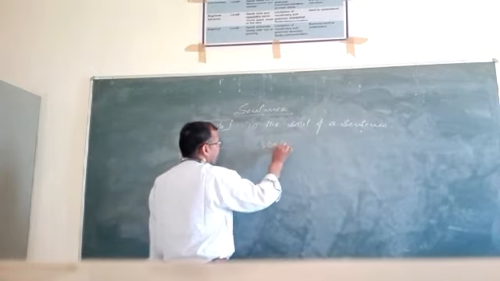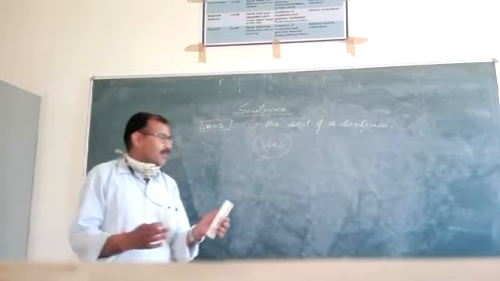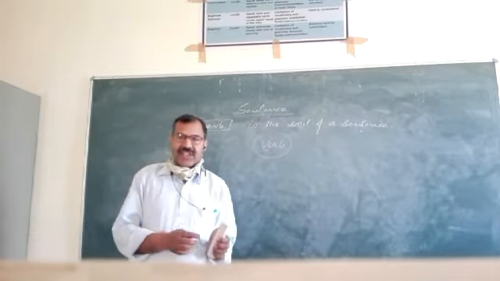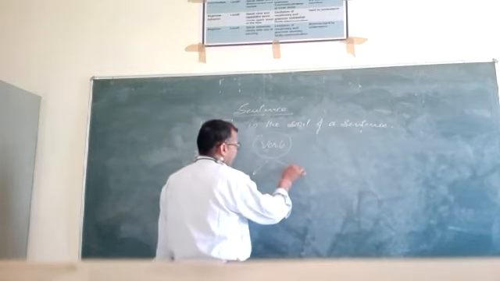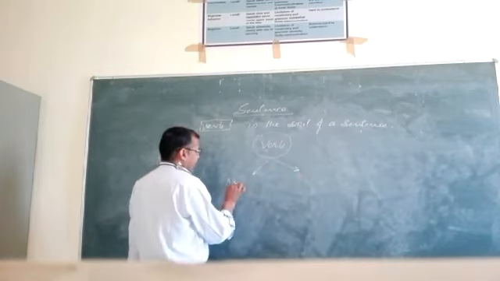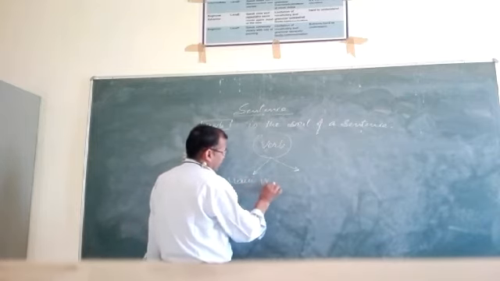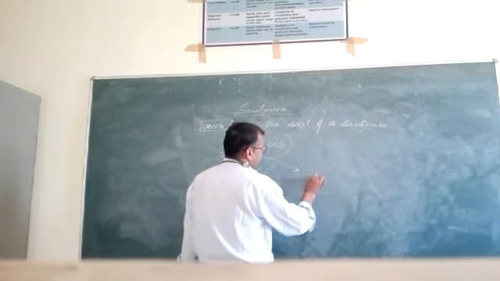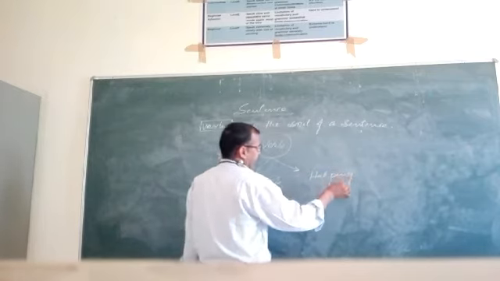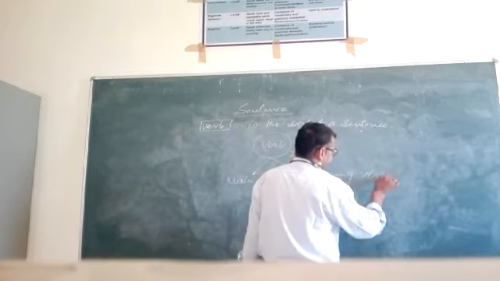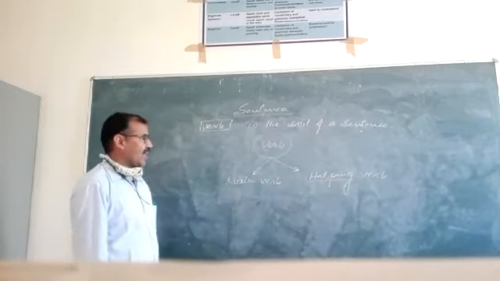By this diagram, we can understand the verb has two forms. Number one, main verb. The other is helping verb.